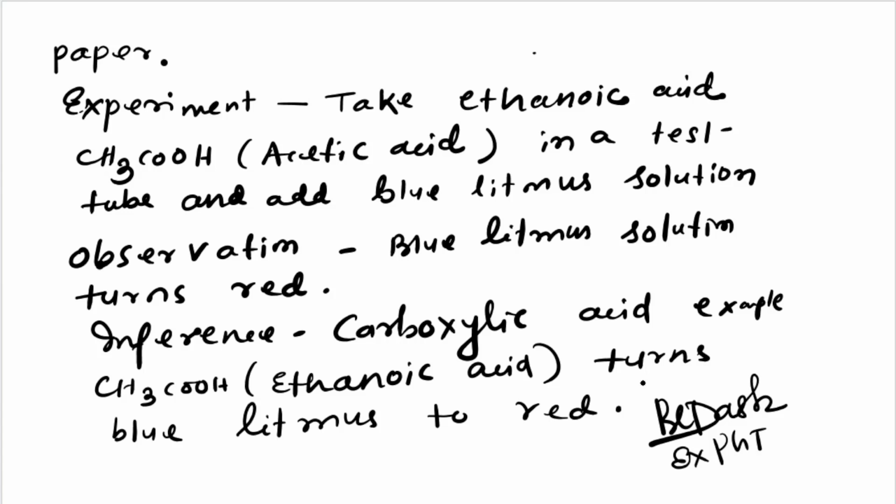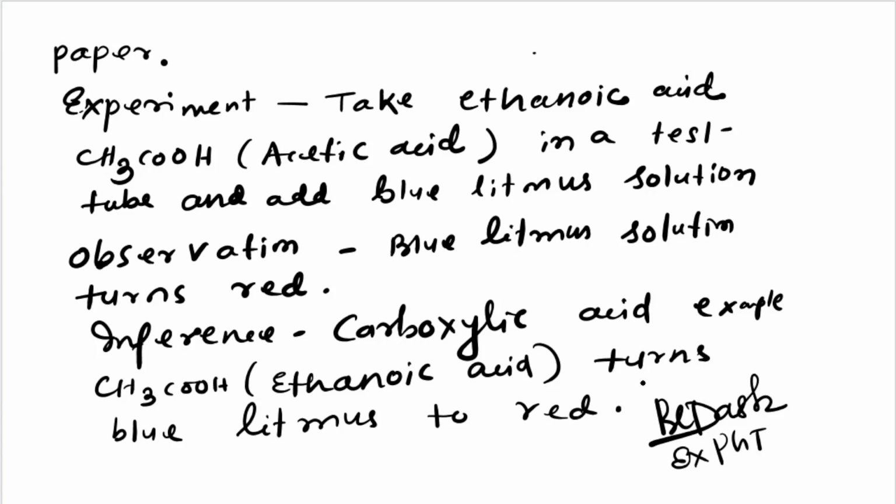Take ethanoic acid in a test tube and add a piece of blue litmus paper. You can also add blue litmus solution. Here you are adding blue litmus solution, and what is the observation? Blue litmus solution turns red. That means it is an acid, an organic acid, or you can say a carboxylic acid.